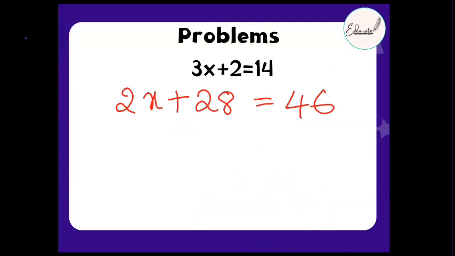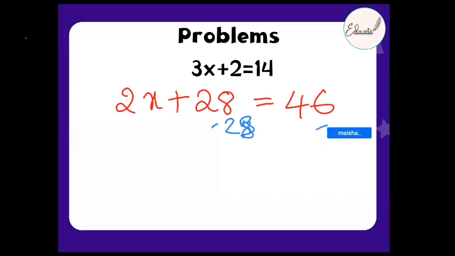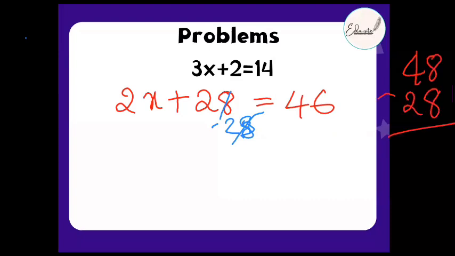So we would do minus 28 on both sides. And this would cancel out. And 46 minus 28 is, wait, 1 second. You can solve it down on the screen or in your reference book, wherever you can. 46 minus 28.